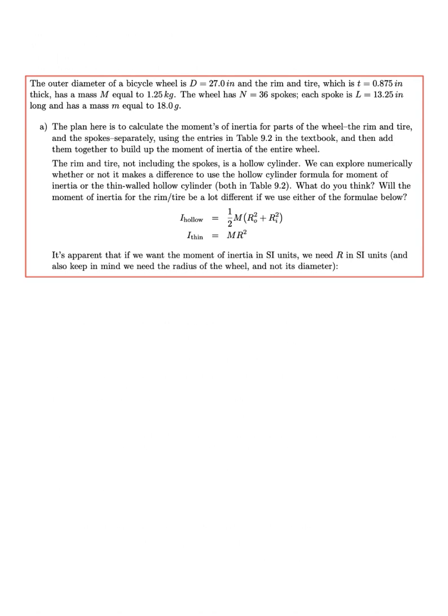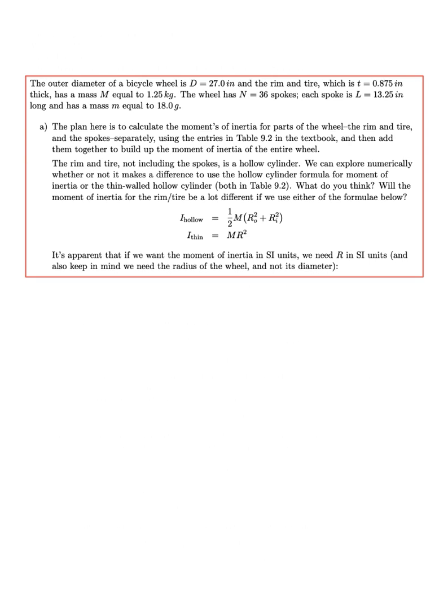I think you'll find if you look in table 9.2 that there are two shapes that are approximately correct for our wheel, at least the rim and the tire part of it. One is a hollow cylinder that's not infinitely thin, and for that the moment of inertia is 1/2 times the mass times the sum of the two radii squared. So that's the inner radius squared and the outer radius squared, added together.